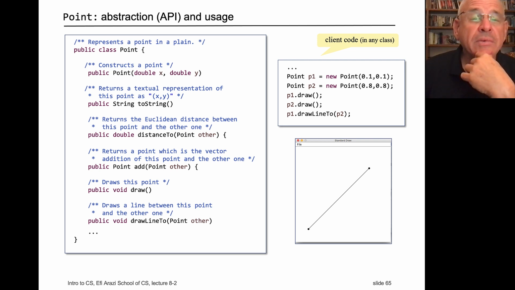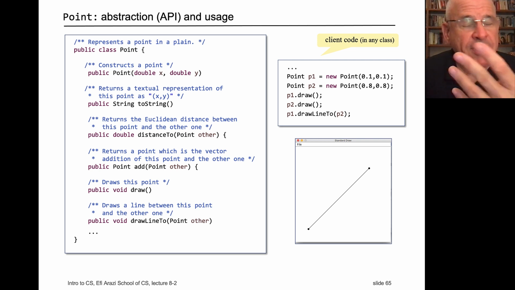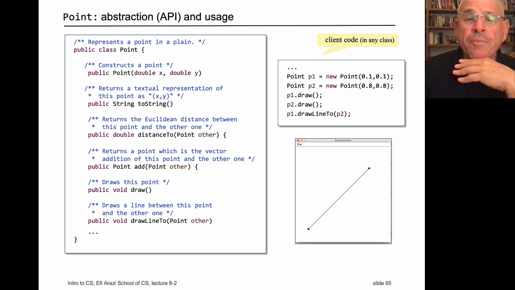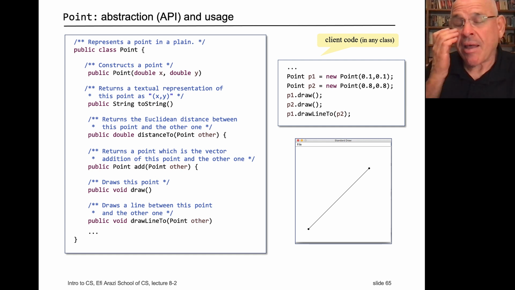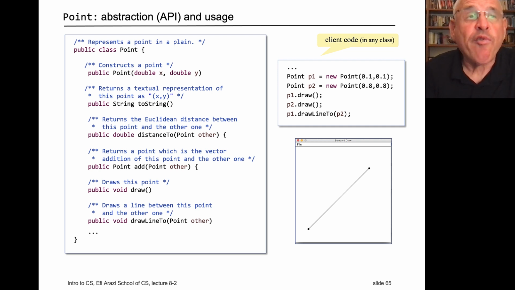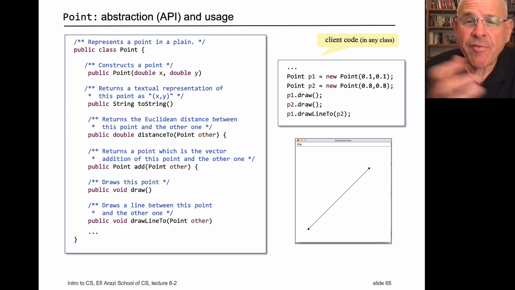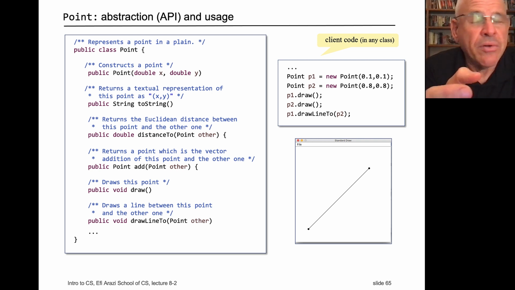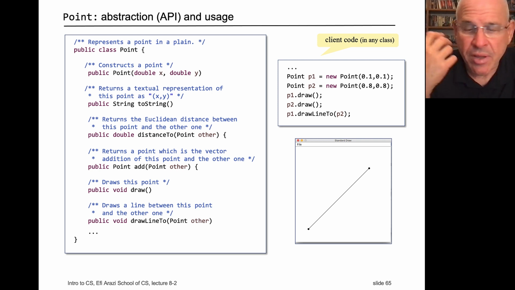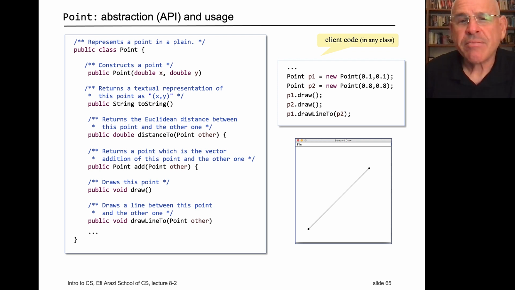So obviously, the point class is going to use the services of StdDraw. Also notice that the draw method and the drawLine method are void. And because they are void, I can simply call them. I don't have to assign a value to a variable like we did with the fraction class. In the bank account class, deposit, withdraw, and so on were also void methods, I think.